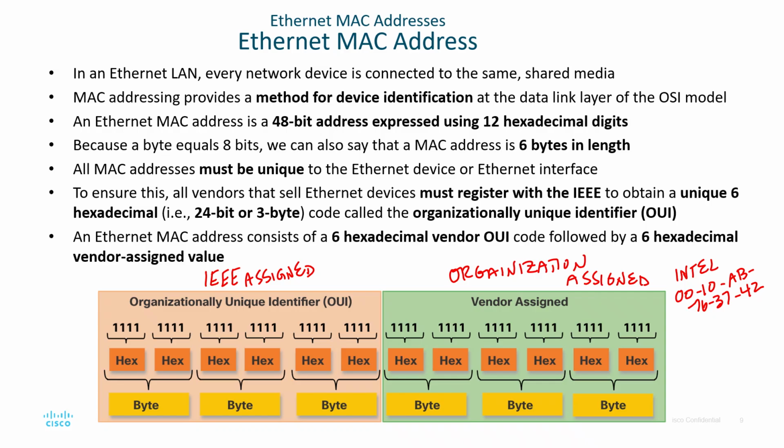Your uniqueness, that they talk about here, your unique identifier. Now Intel has that, but the last 3 bytes are assigned by Intel themselves. So PC1 would have this and a unique identifier.